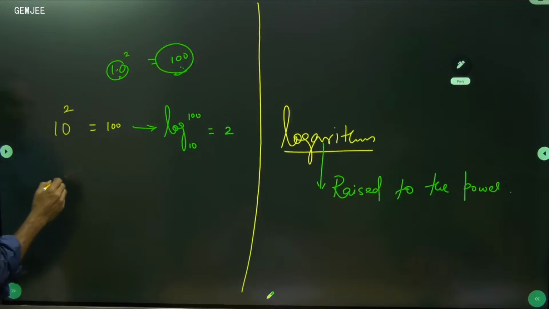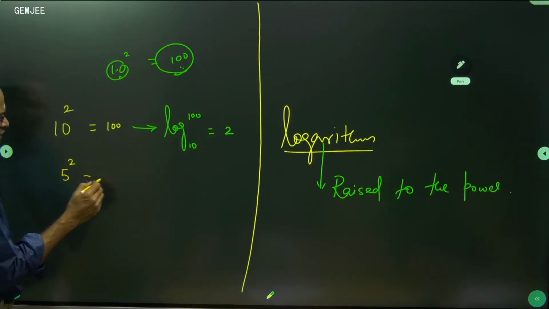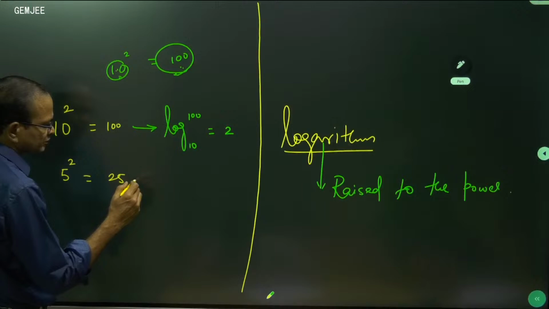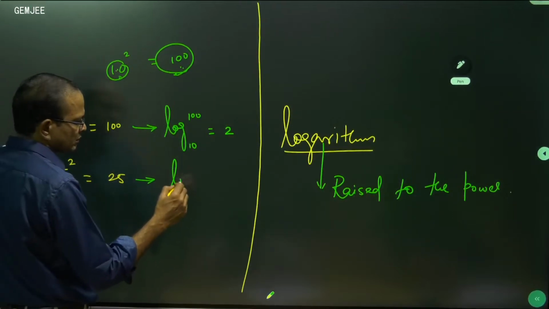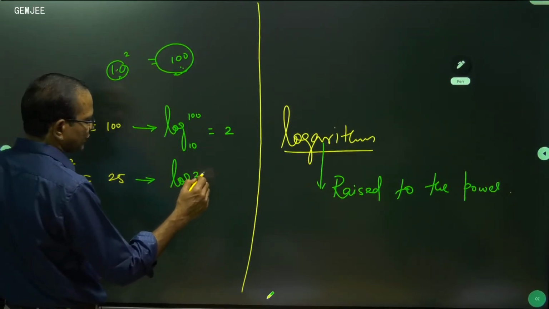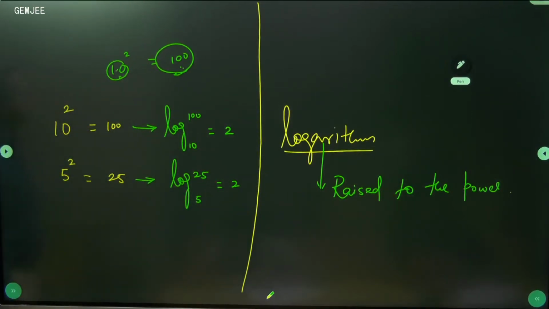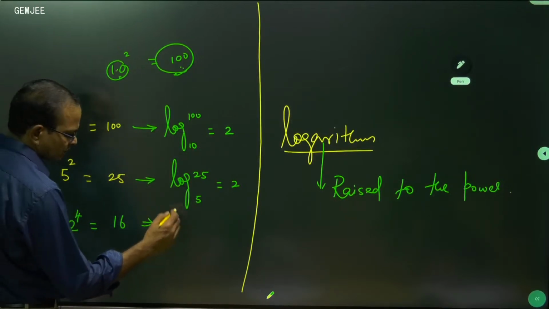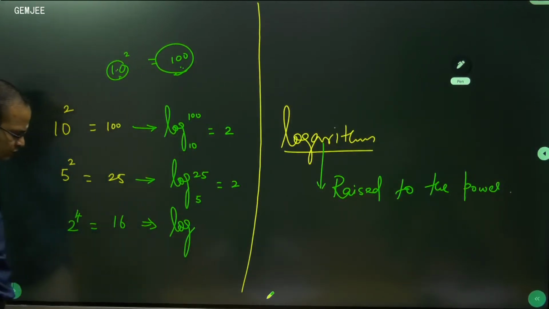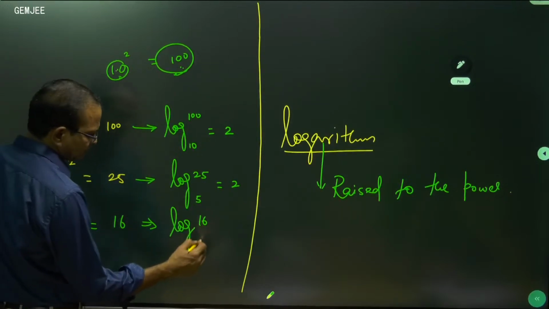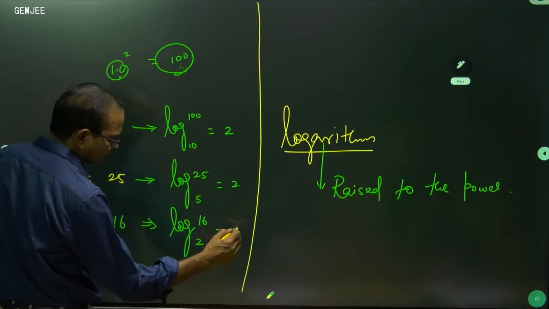Start writing. 5 square equal to 25 implies log of 25 to the base 5 equal to 2. 2 power 4 equal to 16 means log of 16 to the base 2 equal to 4.